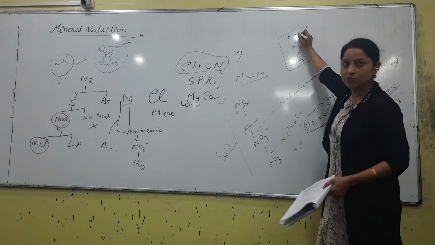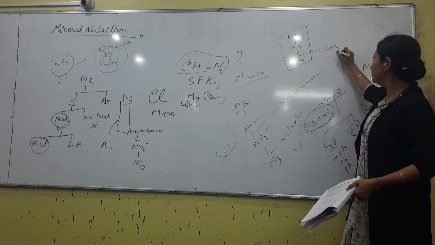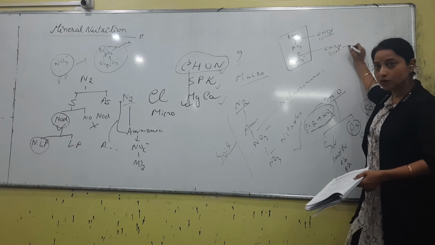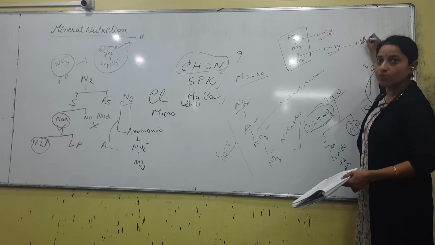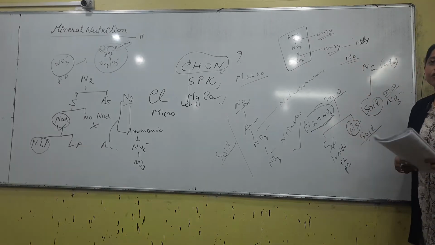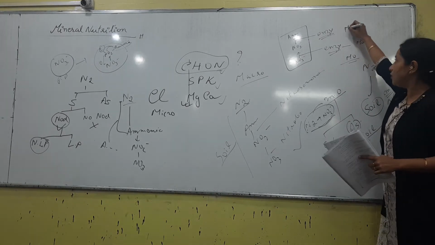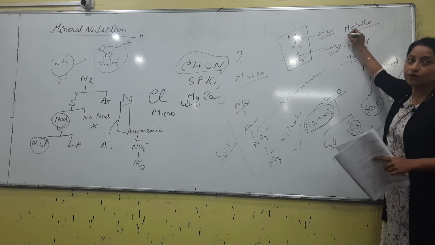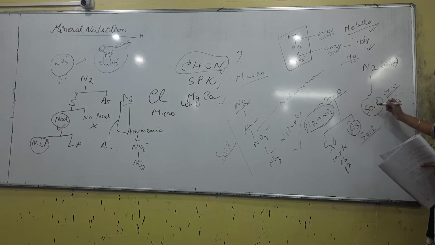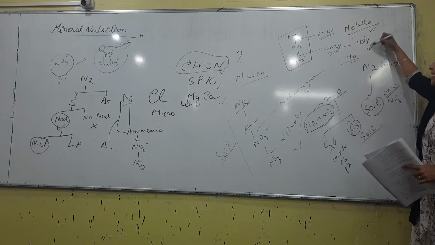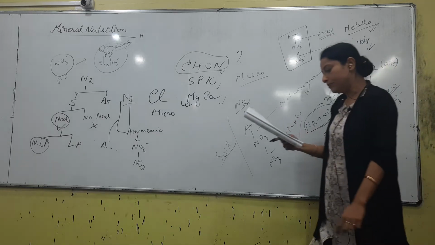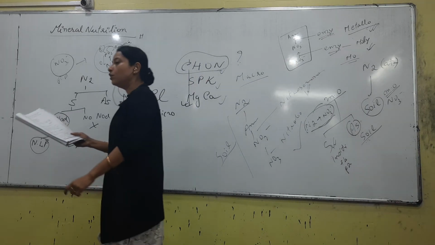Then it goes to ammonia. Two enzymes are needed here. What is the first enzyme? Molybdoflavoprotein, which has Mo in the enzyme. Our next enzyme is metalloflavoprotein. So we must remember these two enzymes, just like we remembered Nitrosomonas and Nitrobacter. Clear? Come to that step, carried out by the enzyme molybdoflavoprotein.